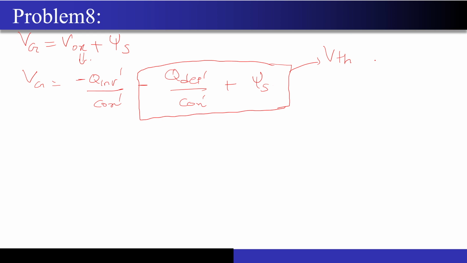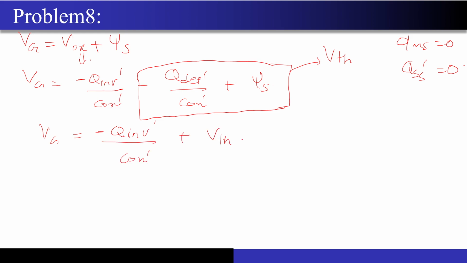Assuming phi ms is 0 and there are no oxide charges present, this resembles your threshold voltage formula. So now Vg will be nothing but minus Q inversion dash divided by Cox dash plus threshold voltage.